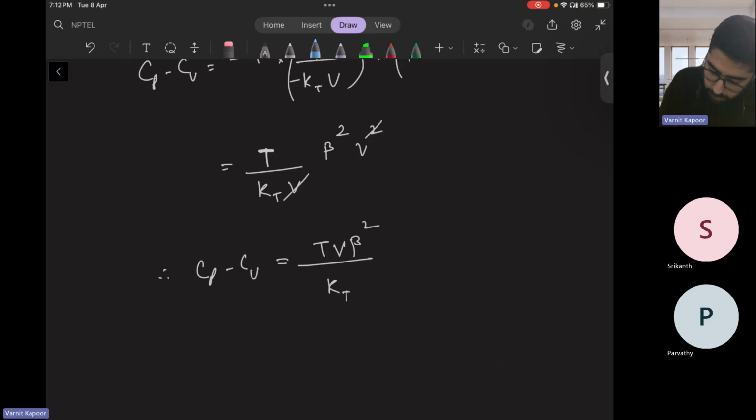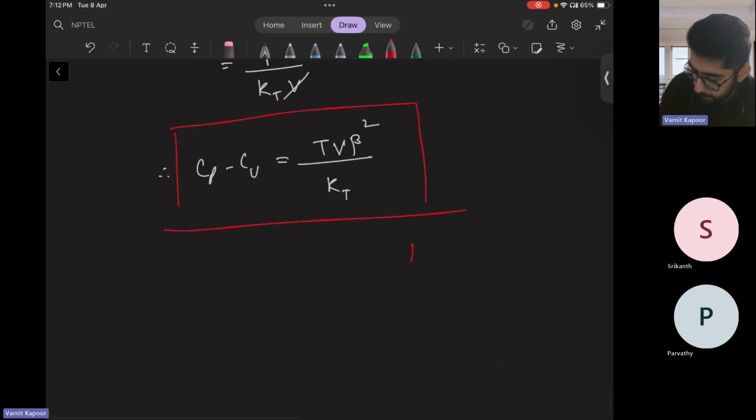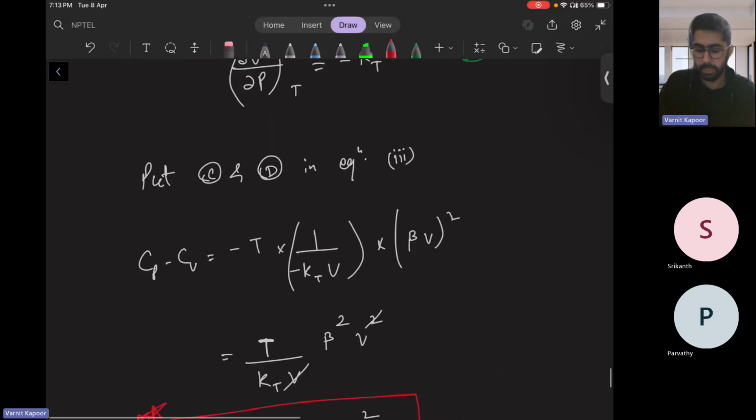That was required to prove. Hence, proved. Very important relationship for any real gas. I hope it is pretty much clear.